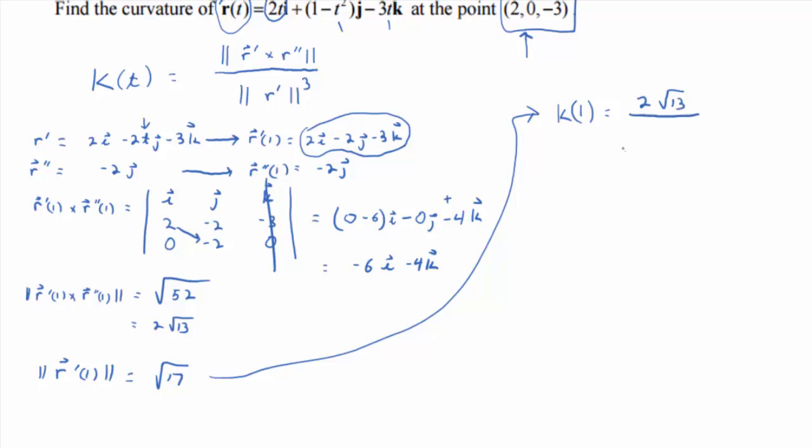Divided by, I like writing it as the 3/2 power on the bottom. Everybody knows the 3 comes from the formula. Where does the half come from? The root, so 17, like that? So I think that's all they wanted, right?